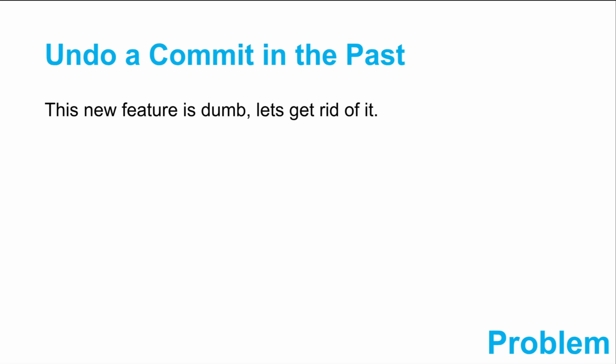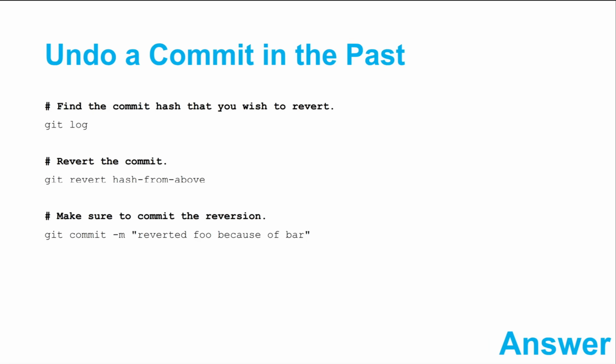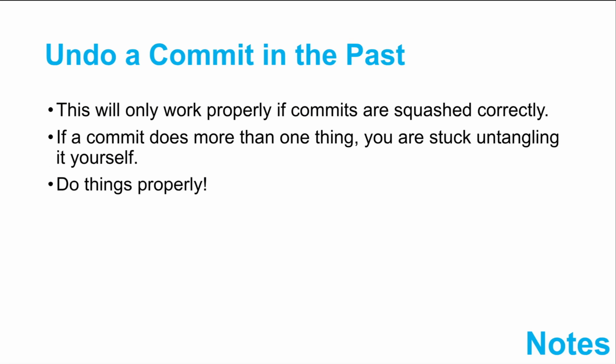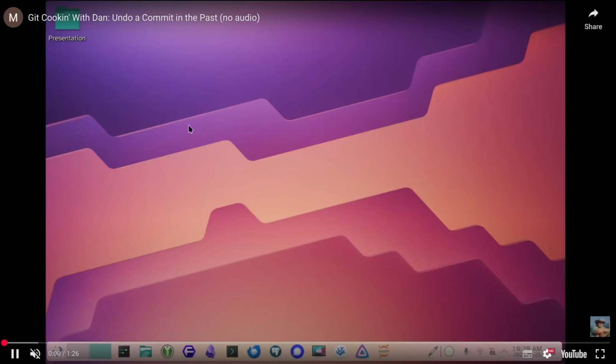If you didn't follow those policies, well, that's a waste of time. So yeah, you find the hash of what you want to revert, and then you do git revert the hash. Then you commit it. It's very easy if you do things right, if you follow good form. Yeah, everything I said already. All right, let's see it in action.